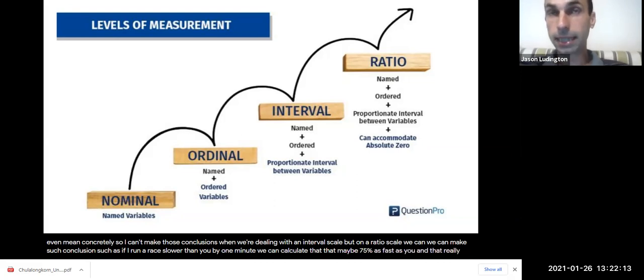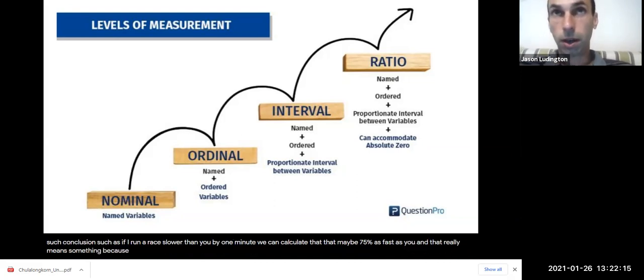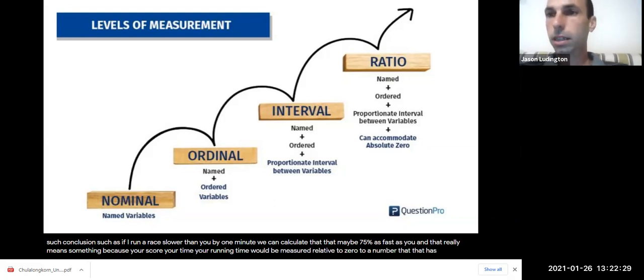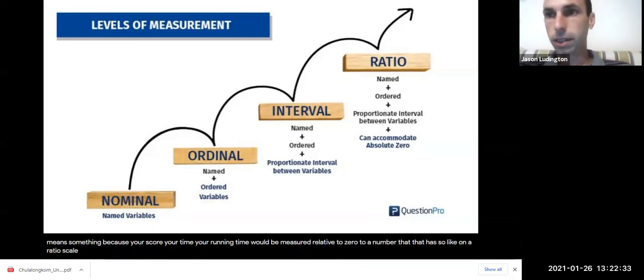And that really means something because your running time would be measured relative to 0, to a number that has meaning. So on a ratio scale, 0 really means something.